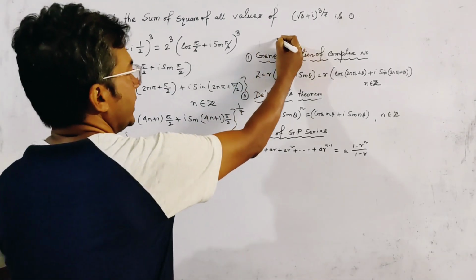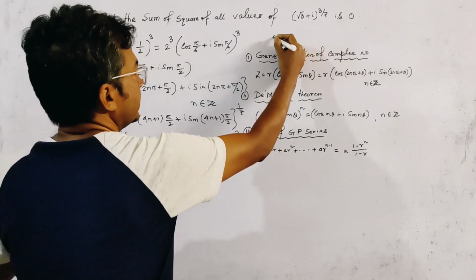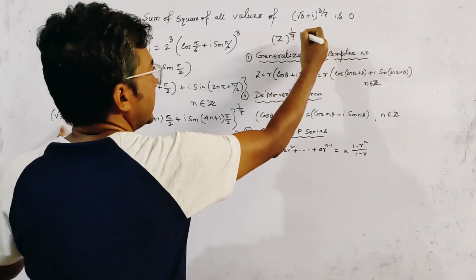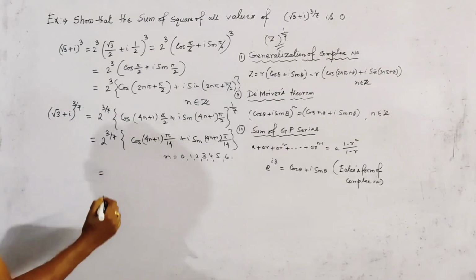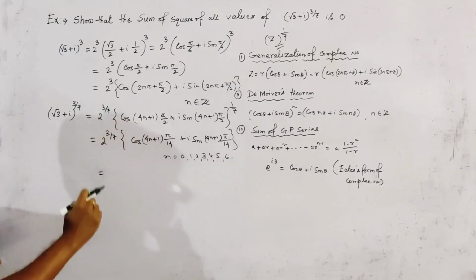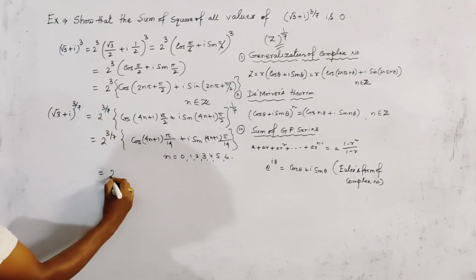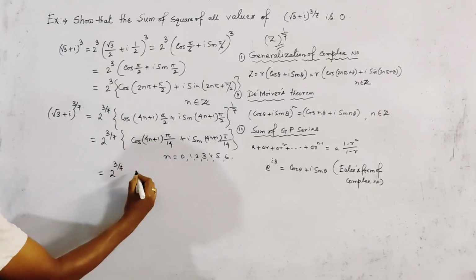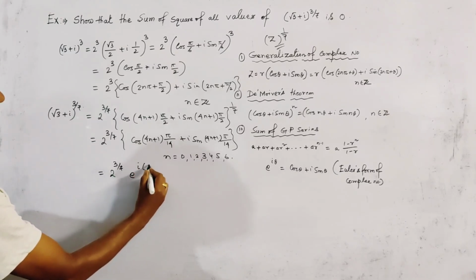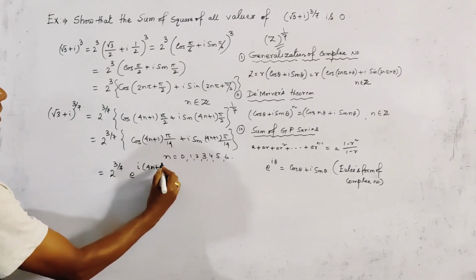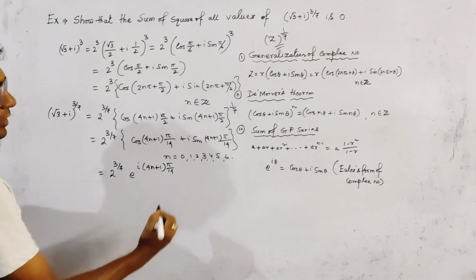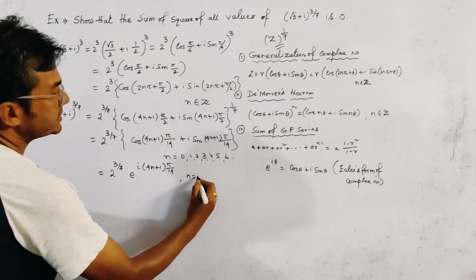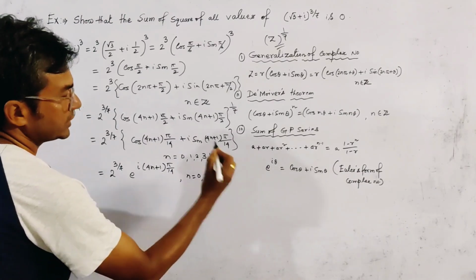Because if we take any complex number z, then z to the power 1 by 7, that is the 7th root of a complex number, these 7 complex numbers can be written in the form 2 to the power 3 by 7 into e to the power i into (4n plus 1) into pi by 14, where n is 0, 1 to 6.